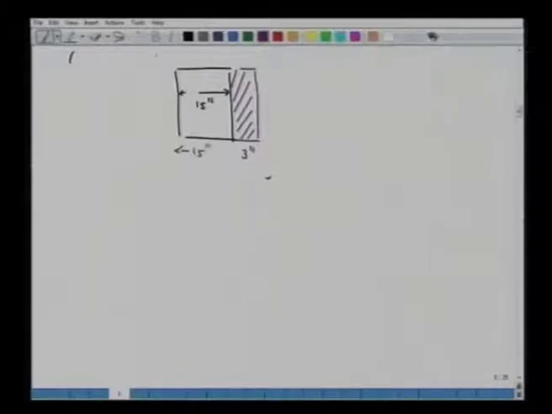Say this is 15-inch and this is 3-inch. So, here the temperature is 3000 degree Fahrenheit, here you have 80 degree Fahrenheit, and here again one has to recalculate the surface temperature T dash S.